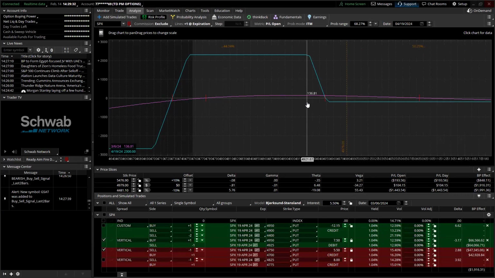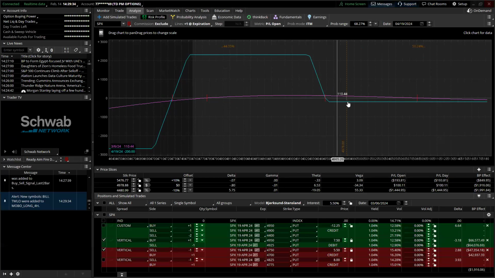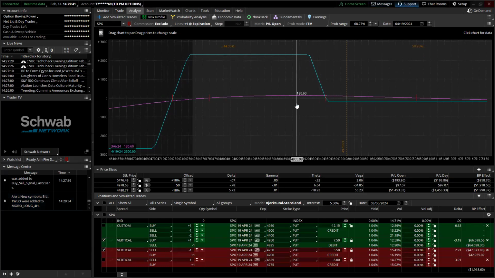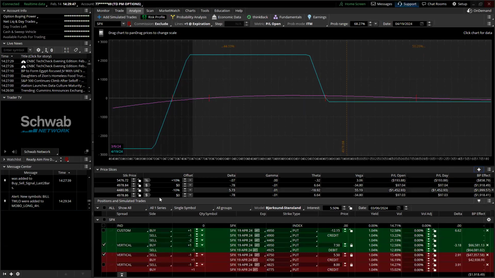If we do nothing and the price goes back outside of the trap, once again, we have the risk of losing $200 to the upside. So what I would do in this case, if I am here, 49, let's add a price slice and put it at 49.20.